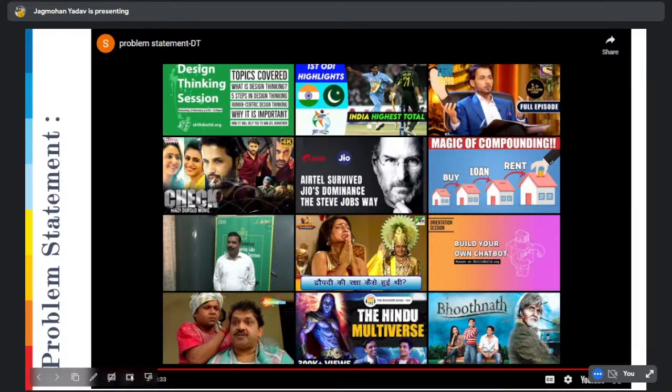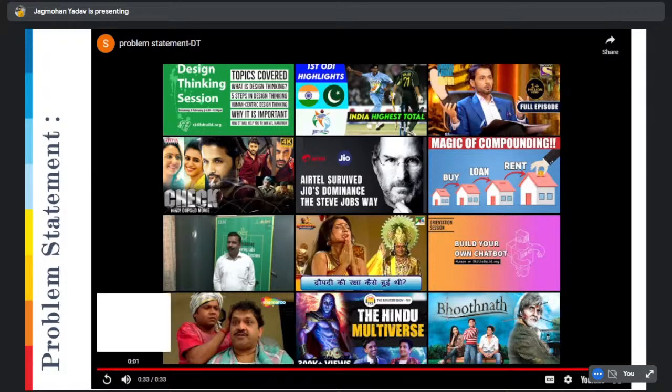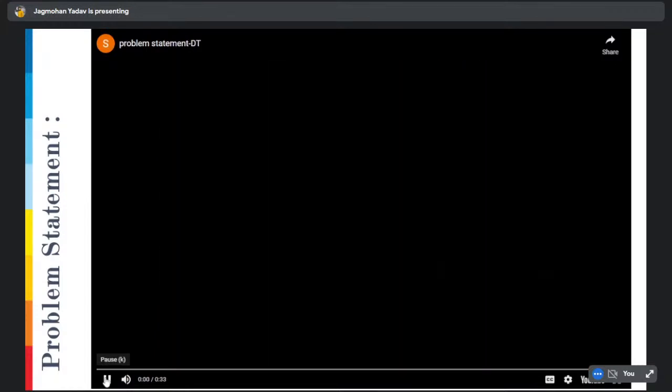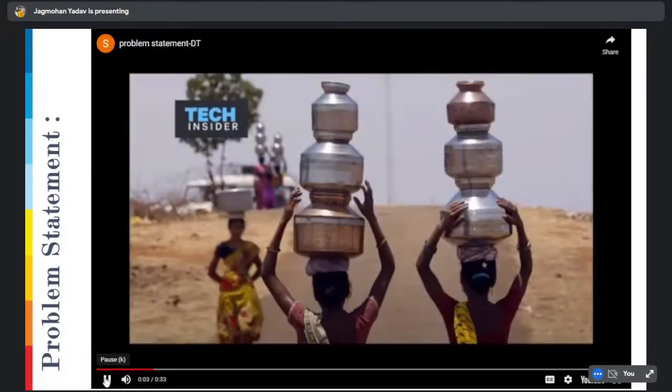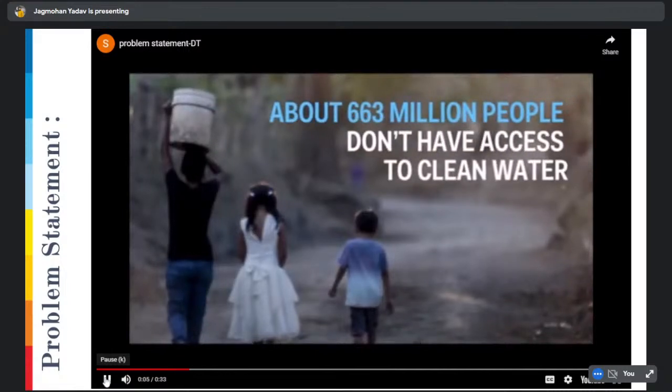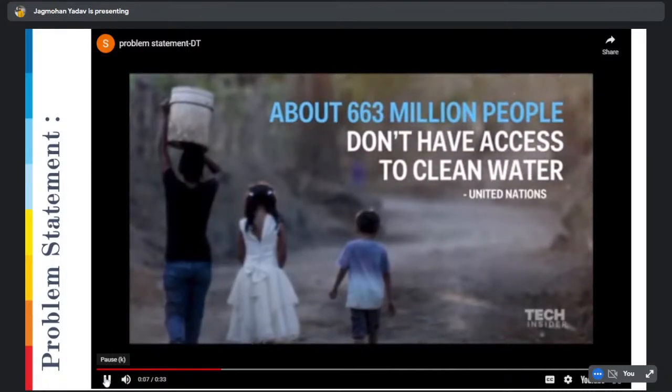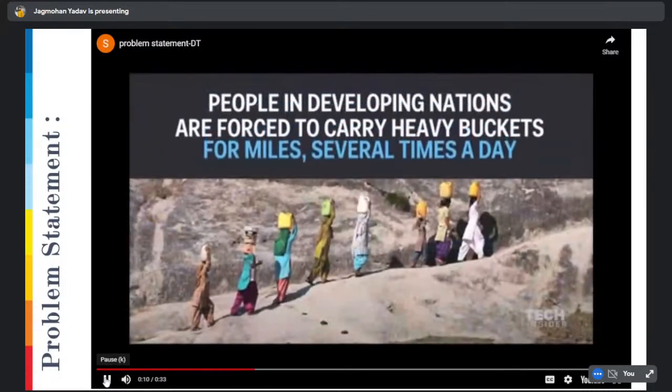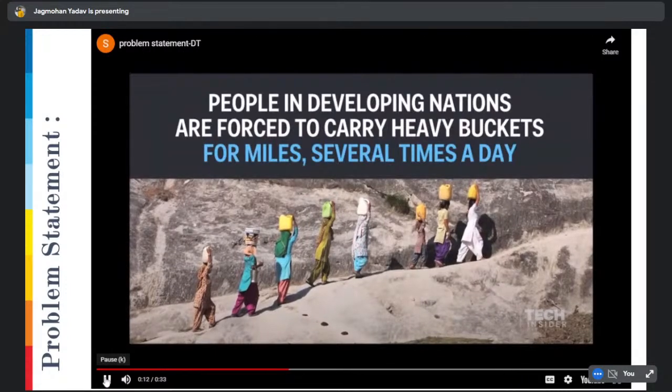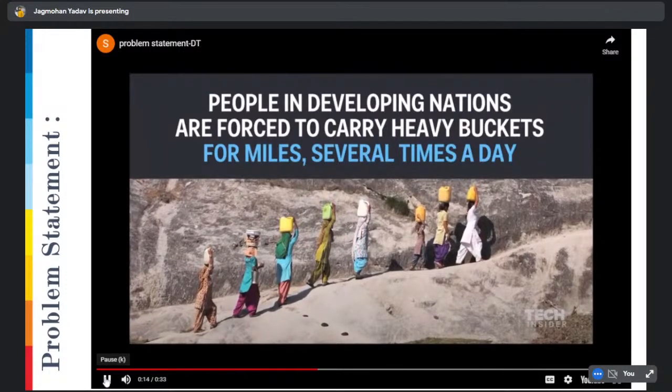Everyone is saying that the screen is blurred. Please adjust the YouTube quality: click on the settings and set it to 720p. Later on it will be okay. So let's have a look again at the problem statement, and the students can mention their key bullet points in the chat and share with the others.